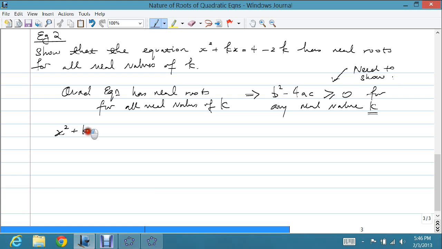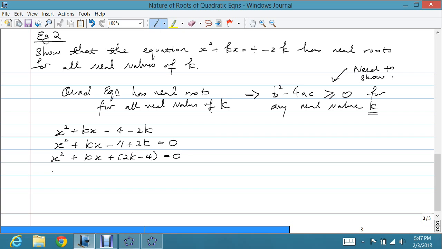So let's show this now. First of all, let's write down the equation and group the terms so that I can find the coefficients a, b, and c. So I rearrange it to get x squared plus kx minus 4 plus 2k equals 0. So x squared plus kx plus 2k minus 4 equals 0.